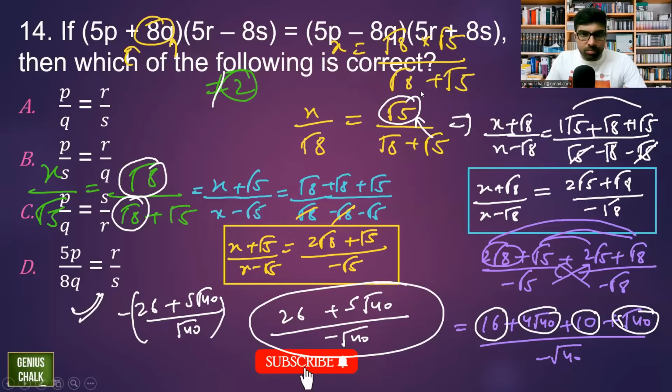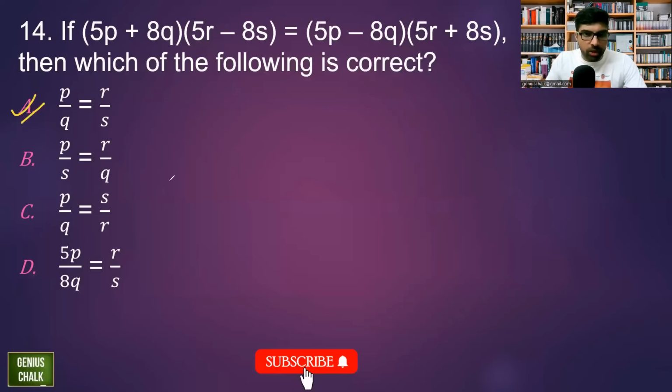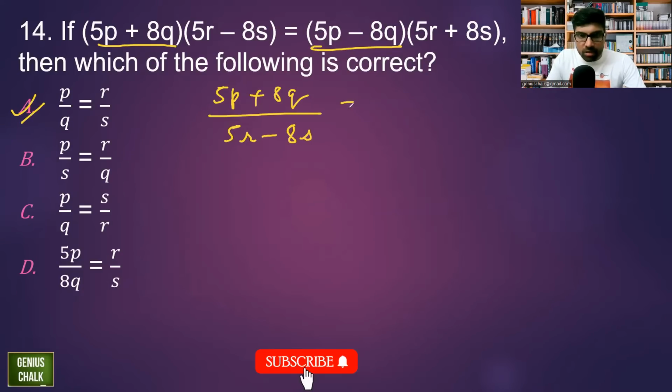Next one, if 5p plus 8q and this. So by seeing this, I can say the answer is option A. How? See, this is again the application of componendo dividendo. 5p plus 8q upon 5p minus 8q equals 5r plus 8s upon 5r minus 8s.